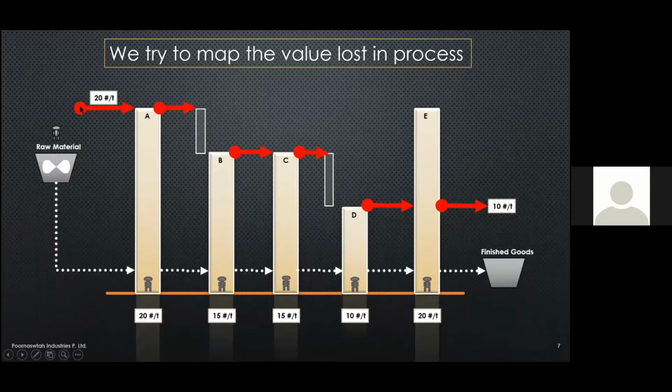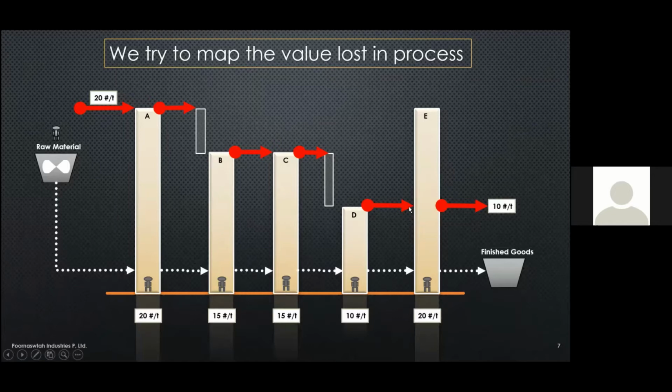It produces 20 and passes it on to B. B is in a position to process only 15 units per time, processes 15, and passes it on to C. The same happens with C, which passes it on to D. Now have a look at the situation. D is in a position to process only 10 units per time. It passes it on to E. Now have you been able to understand?